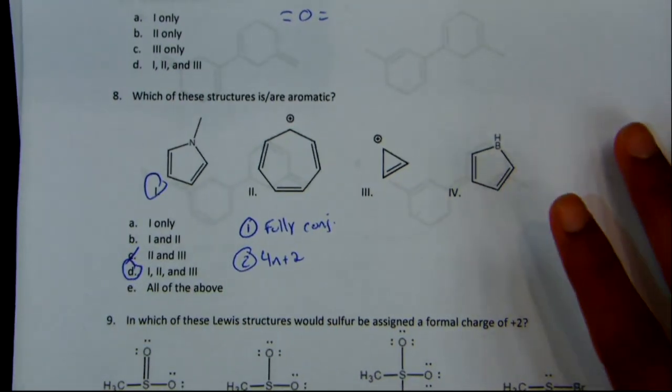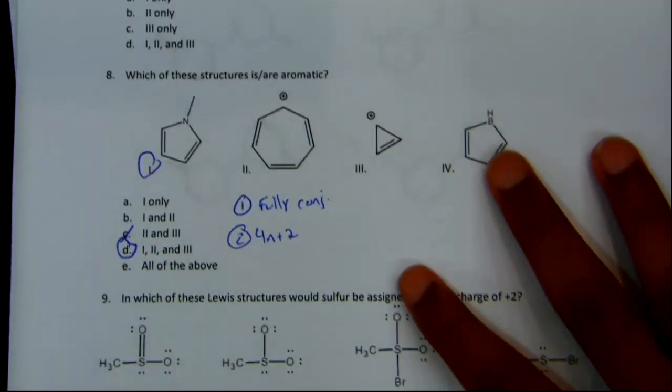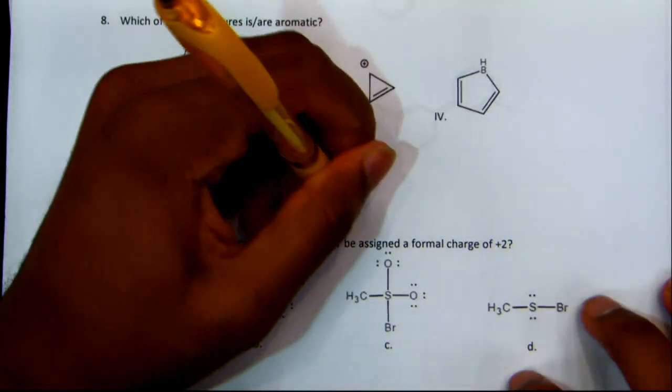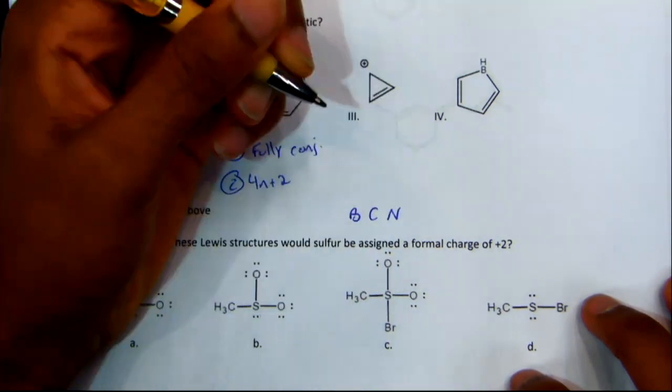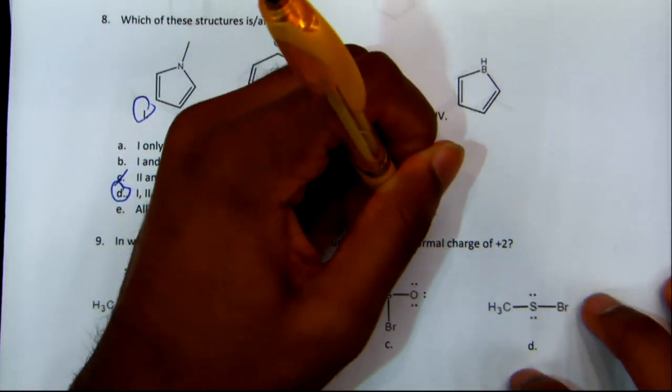Okay, so in which of these Lewis structures would sulfur be assigned a formal charge of positive 2? So how many valence electrons does sulfur have, and how do I know? 6, right? Good. So it's in the same column as oxygen. Somewhat memorize a few elements on the periodic table: boron, carbon, nitrogen, oxygen, fluorine.